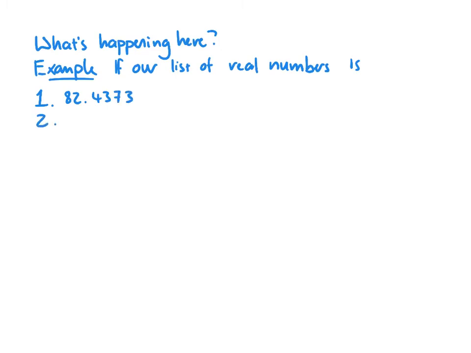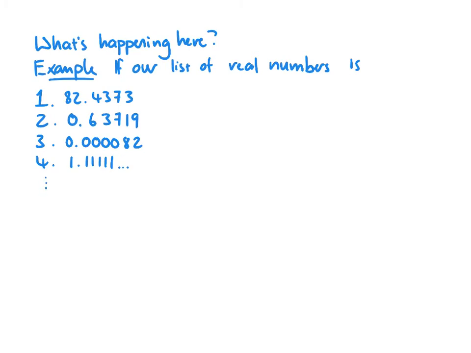The second number happens to be 0.63719. The third number is 0.000082. The fourth number is 1.11111, and so on. These are all real numbers.